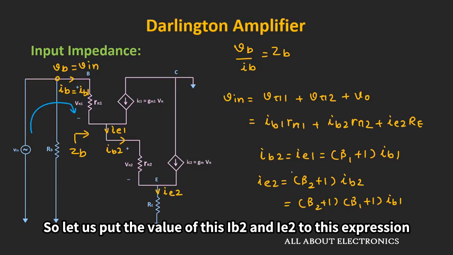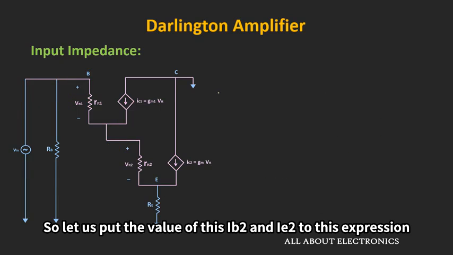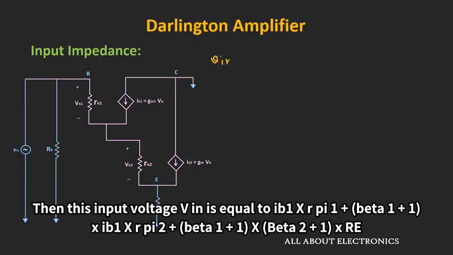So let us put the value of this IB2 and the IE2 in this expression. That means this input voltage Vin is equal to IB1 times Rpi1 plus beta 1 plus 1 times IB1 times Rpi2 plus beta 1 plus 1 times beta 2 plus 1 times Re.